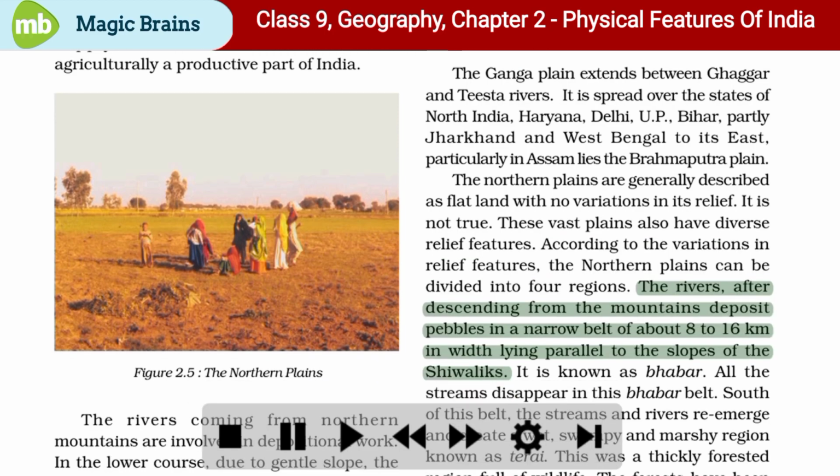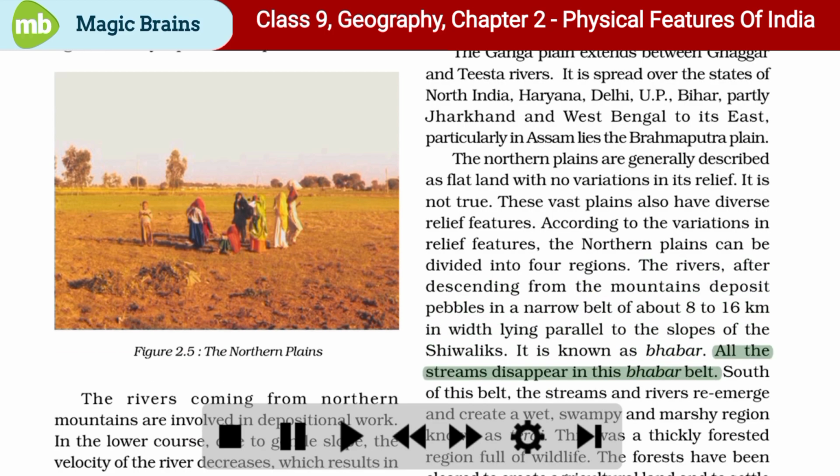The rivers, after descending from the mountains, deposit pebbles in a narrow belt of about 8 to 16 km in width, lying parallel to the slopes of the Shivaliks. It is known as Bhabar. All the streams disappear in this Bhabar belt.